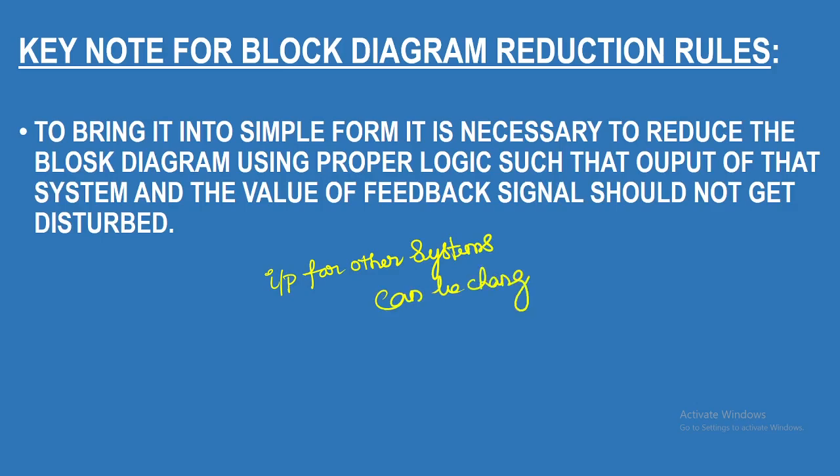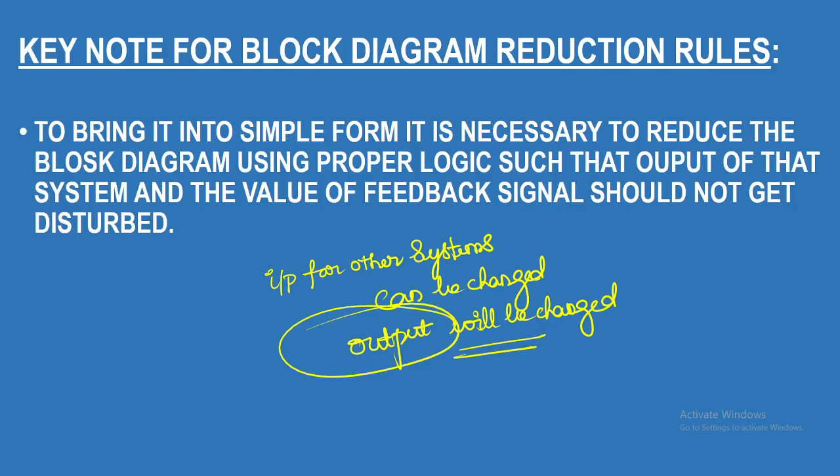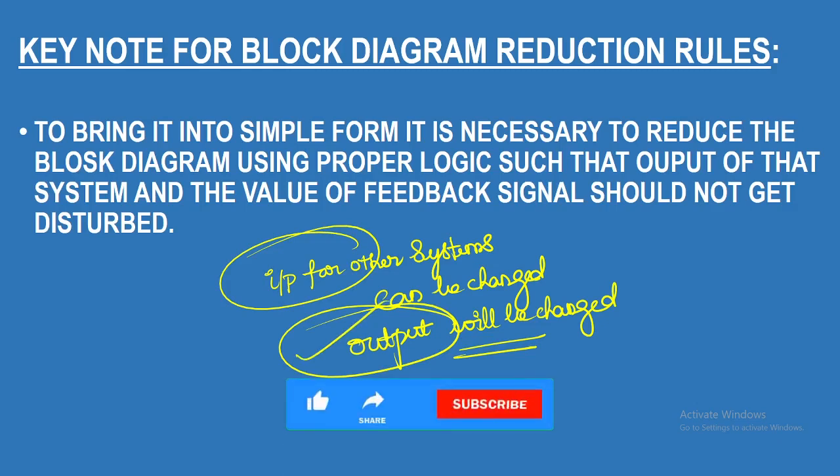The input for other systems can be changed, and as the input for other systems changes, we can finally expect the output to change as well. You should not do this, because your output should not get disturbed. Whenever you change the input for any other system, the output will definitely be affected, so keep that point in mind while solving block diagram reduction problems.